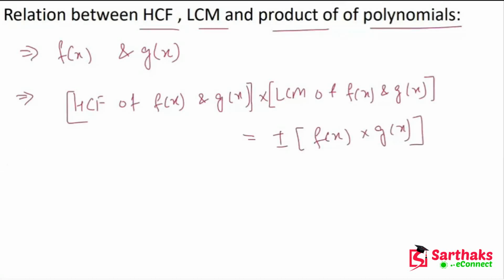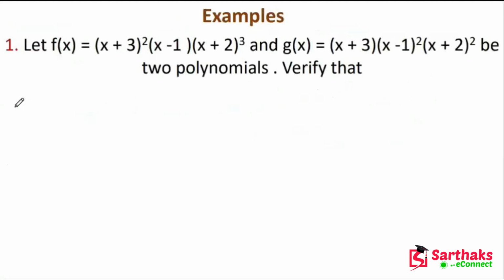Now let's do the example. Let f(x) be equal to (x plus 3) whole square, (x minus 1), (x plus 2) whole cube, and we have g(x) like this, two polynomials. We have to verify it. So first of all, what are the common factors with the least exponent? Let's see.